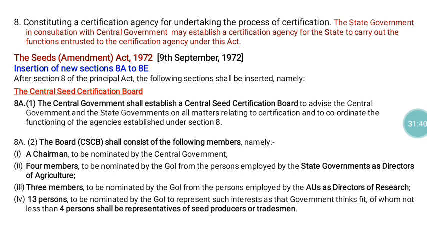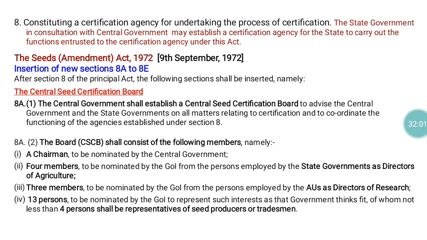In these nominations also, the Government of India alone is responsible for nominating the members. Apart from those 4 members, another 3 members are to be nominated by the Government of India from persons employed by the agriculture university as a director of research.